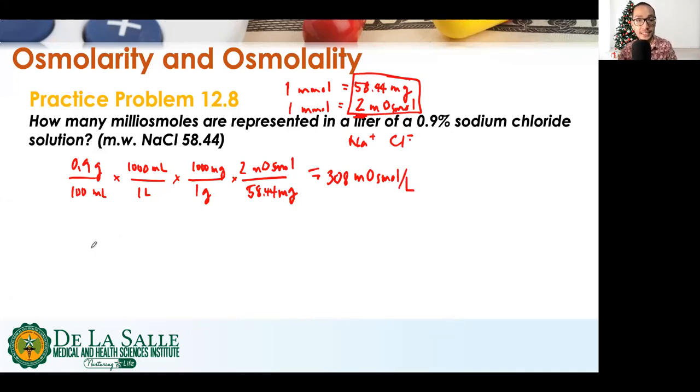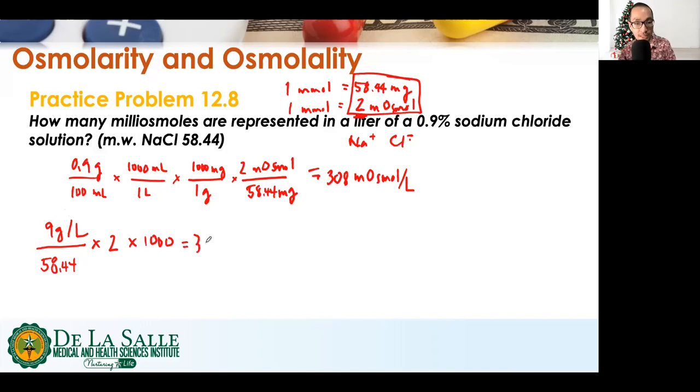Okay? Well, you can also use the formula. So, pag gagamitin natin yung formula, 0.9 gram is contained in 100 ml times 1,000 milliliters. So, that will be 9 gram contained in a liter. Okay? Divided by the molecular weight, so this is 58.44 times the number of particles, 2, times the conversion factor, 1,000.